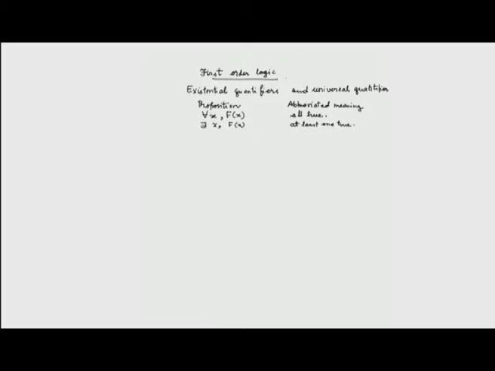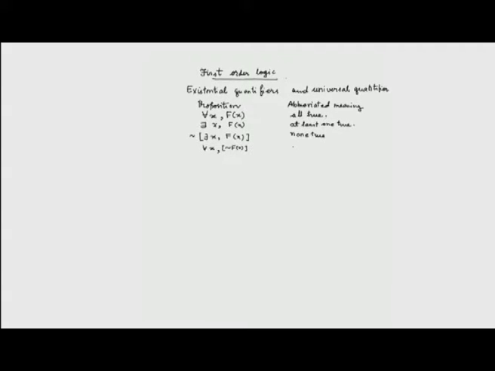Third, I write quickly not of there exists x f x. This means none true. Fourth, for all x not of f x.